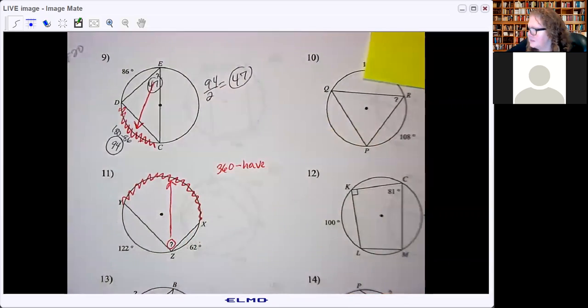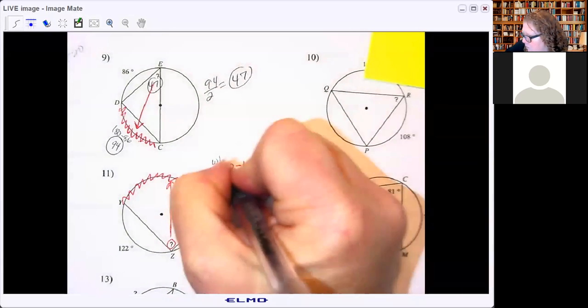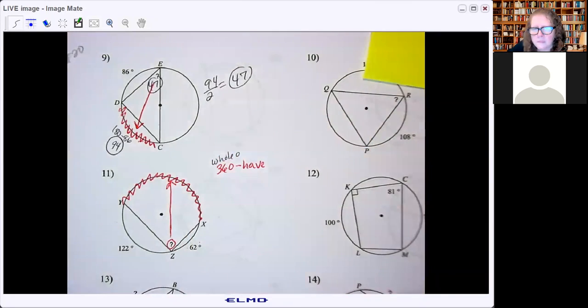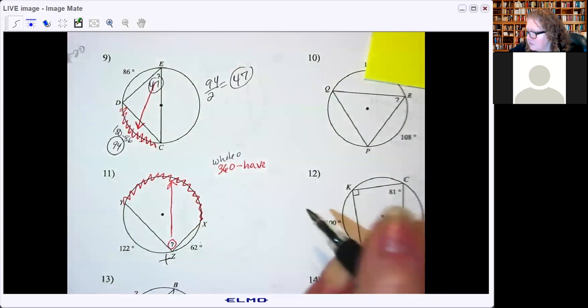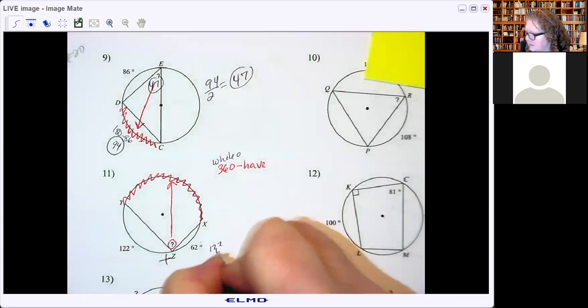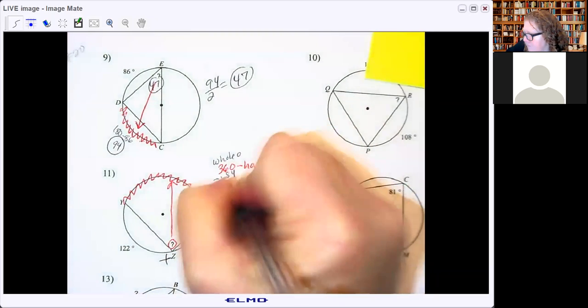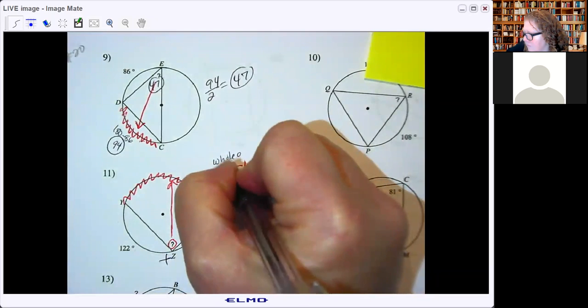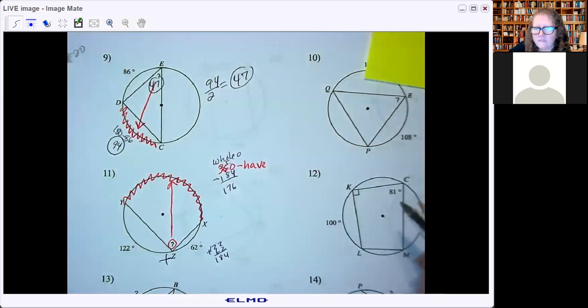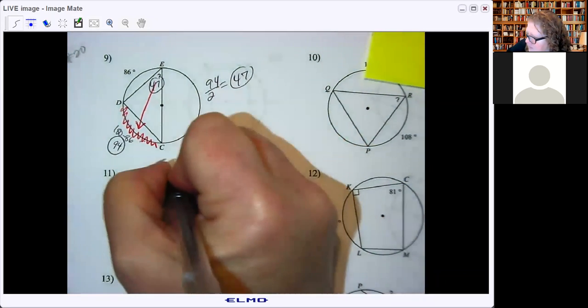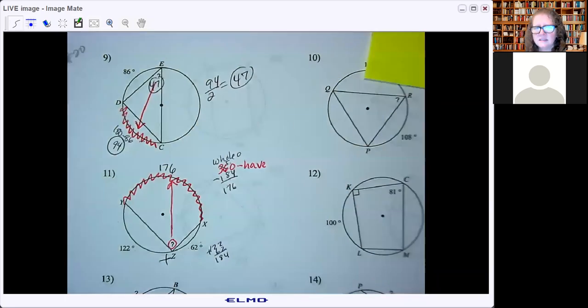Remember, we use the 360 because that's the whole circle. These two add together, the 122 and 62, make 184. So we get 176. So now I know that this arc is 176.